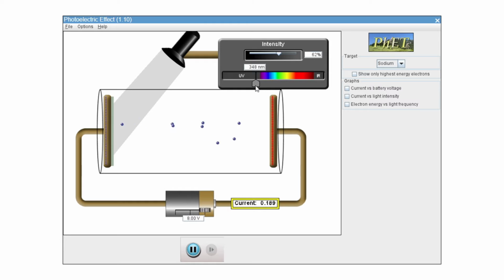Now if we increase this wavelength above 504 nanometer, you can see that the current value drops to 0 and the photoelectrons are not coming out. Even if we increase the intensity to 100%, photoelectrons are not going to come out.